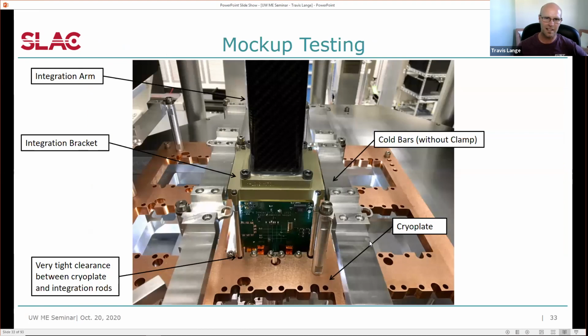This again is our mock-up testing, and I include this picture just because it's much easier to see kind of the internals of the cryostat. The real cryostat, there's just too much stuff going on to really be able to visualize with a picture. But we can see here there's this copper color. This copper plate is what we call a cryoplate.